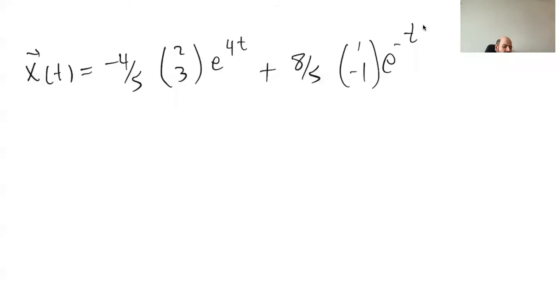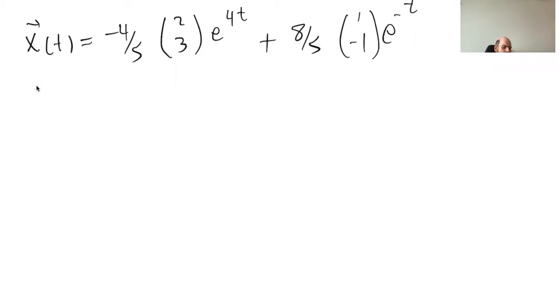We can also write this as x1 of t and x2 of t, because this x of t is a vector. The first element is x1 of t, the first unknown function, and the second element is x2 of t, the second unknown function.